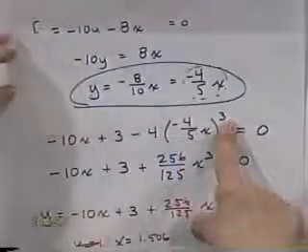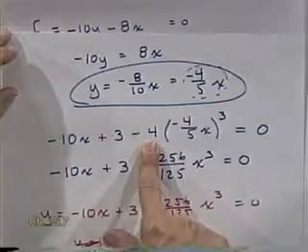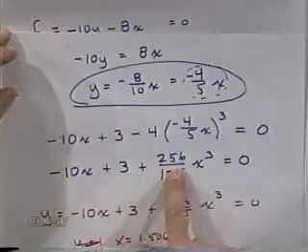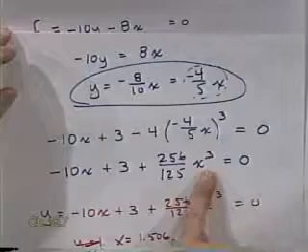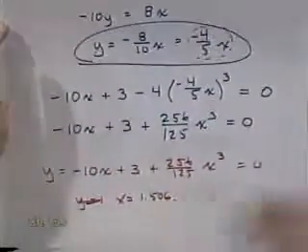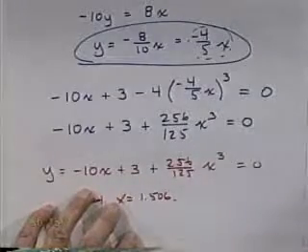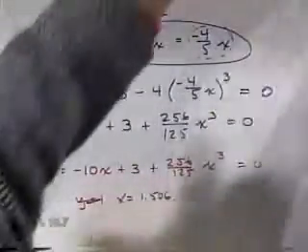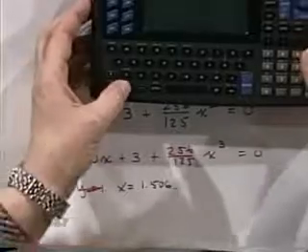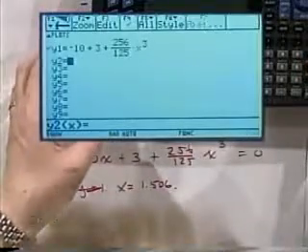So 4 cubed times 4 gave us 256, which is fine. 5 cubed is 125 times x cubed. That looks good. So we wanted to put in negative 10x plus 3 plus 256 over 125 x cubed. Let's see if I entered y right. Let's go back and look at how I entered y.